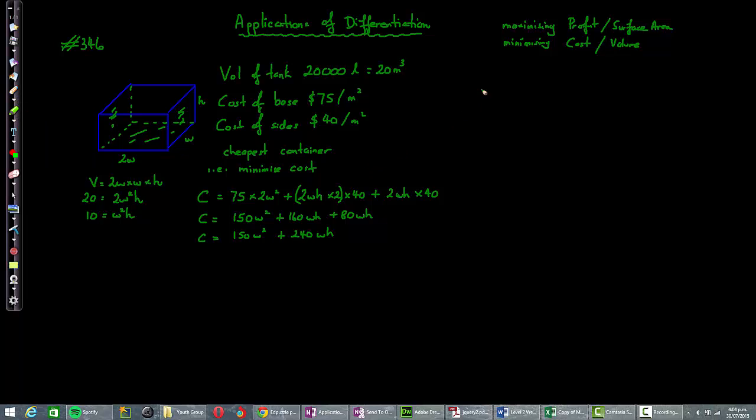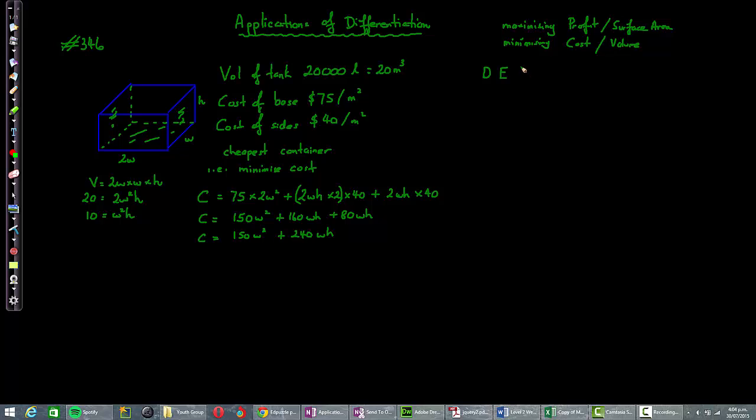So diagram, well we've done that. It says express the problem that needs to be maximized or minimized, often in terms of two variables, as an equation. Well, we've just finished that. This is this equation here.